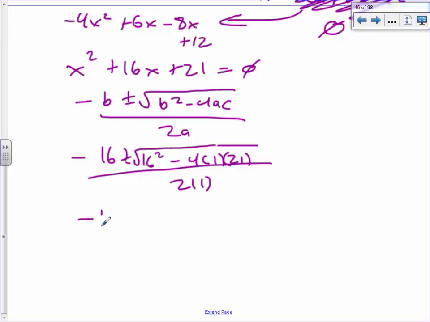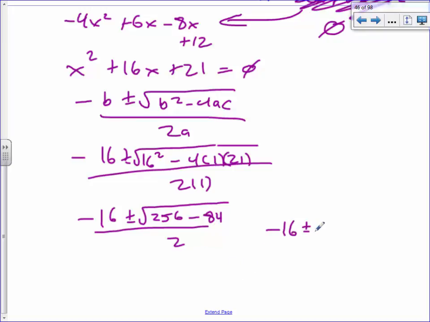All right. 16 squared, 256. 16 squared. Anybody do that one? 256. Okay. 4 times 21 is 84. Ooh, thank you. Who said that? 84, right? My brain is failing me. What's 256 minus 84? Someone help me. 172? Okay. Minus 16 plus or minus the square root of 172 all over 2.